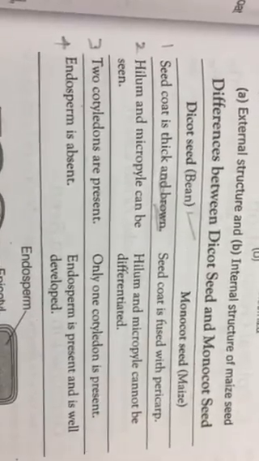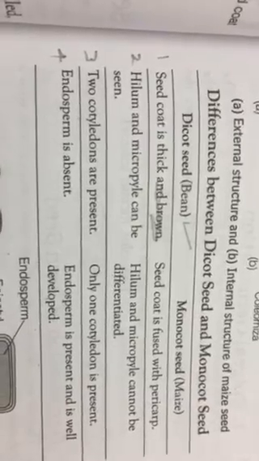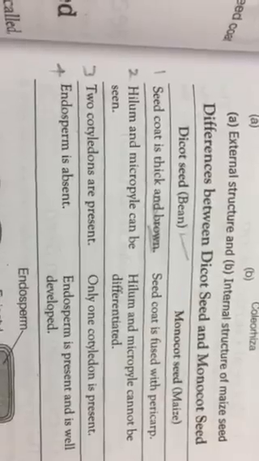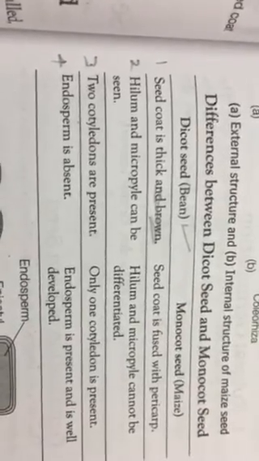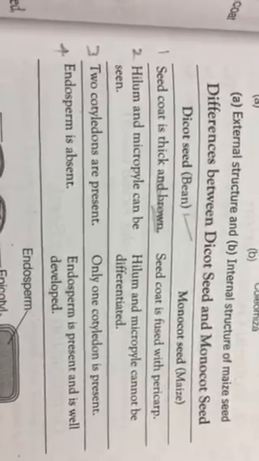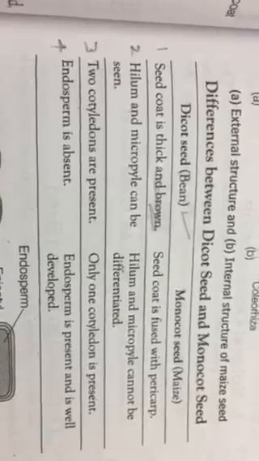Overall you note down 4 points, enough for you, whether it is a practical or writing an answer in the board exam. So keep these 4 points in your mind, in the simplest way, and try to remember it.